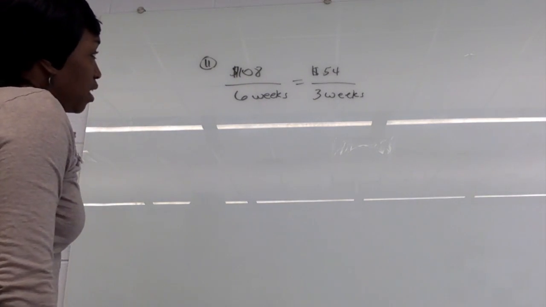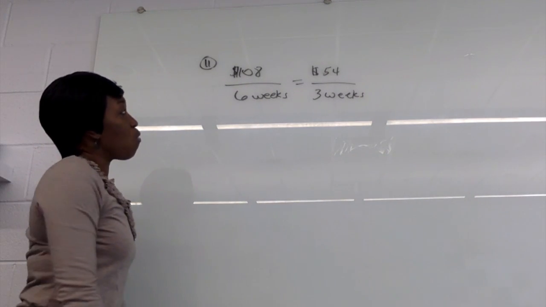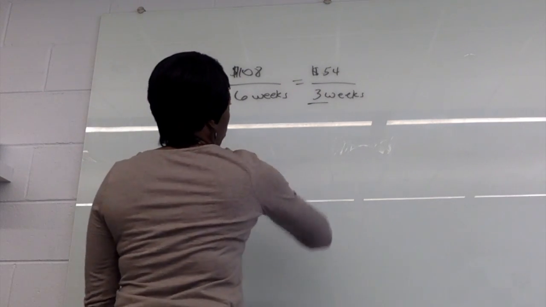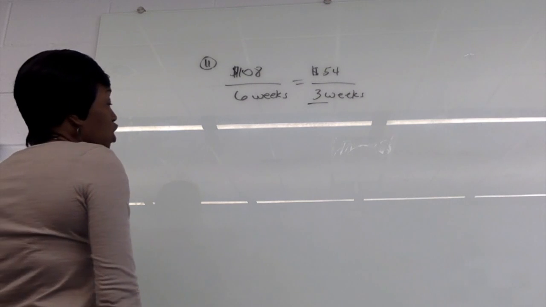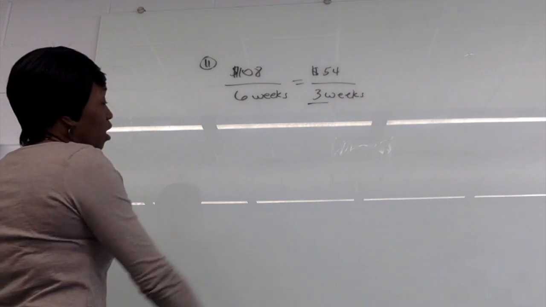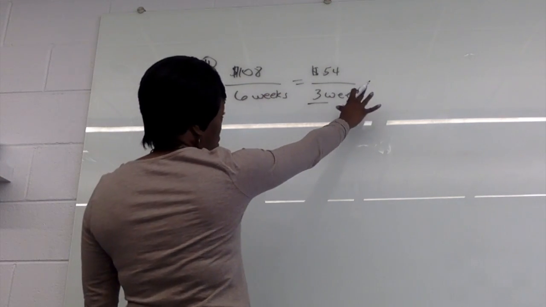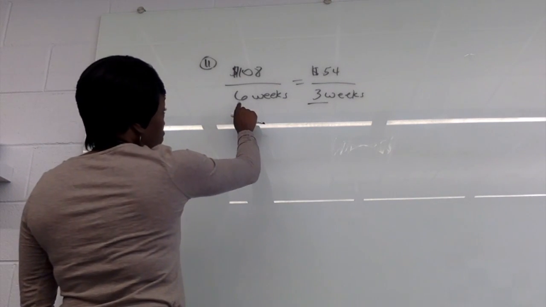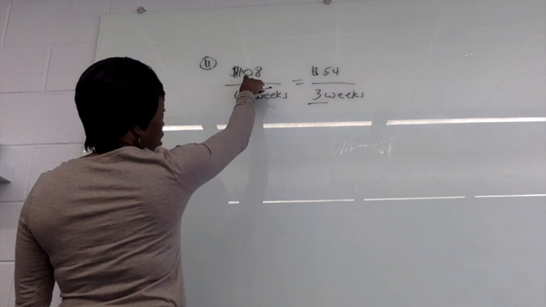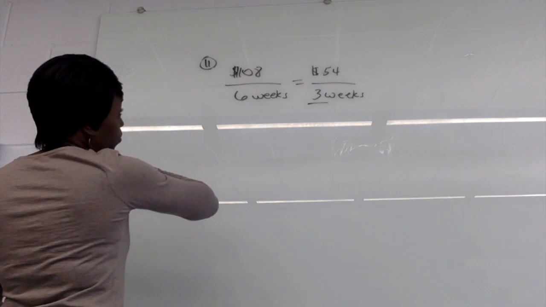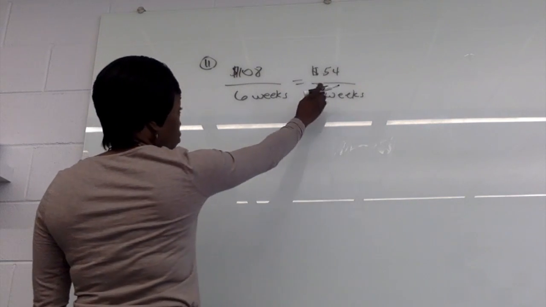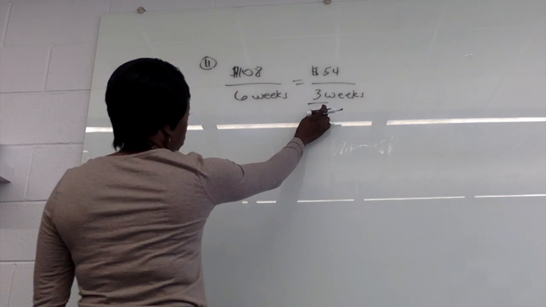What was her mistake? Well, first of all, when we're trying to find the unit rate, we must have a 1 in our denominator, and she has a 3. So she did not, number one, divide it all the way out to get a 1. The other thing she could have done was divide by 6, because that's the greatest common factor. Instead, she divided by 2, and so that also left her with a 3 in the denominator.